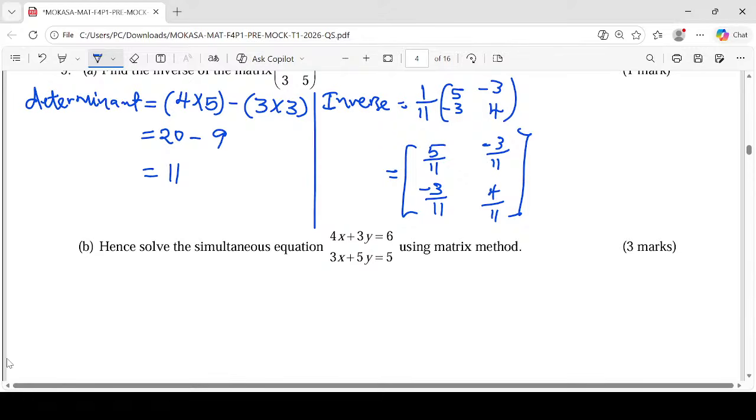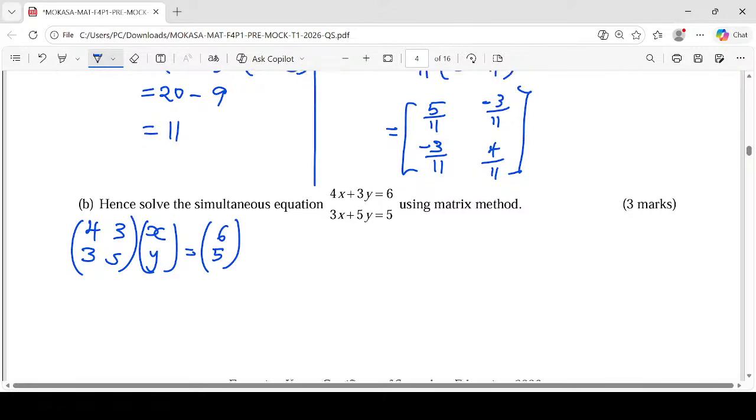When you look at those two simultaneous equations, they are linear equations. First, let's write the matrix equation. The matrix equivalent will be 4, 3, 3, 5, times x y, being equivalent to 6, 5. That is the matrix equivalent.